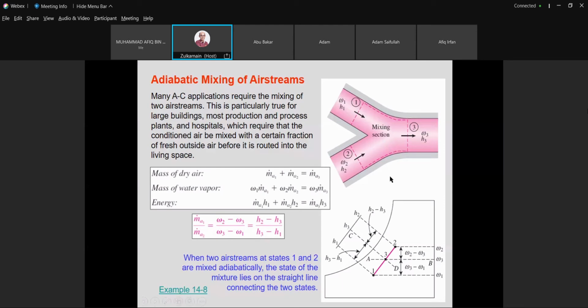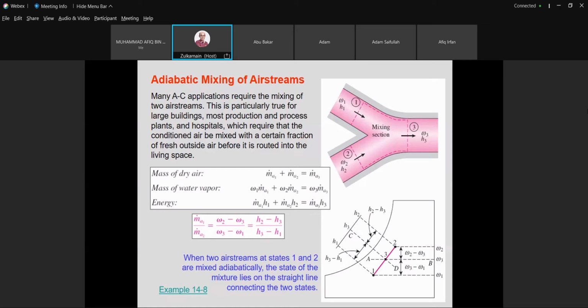So this is the mixing process, where we look at energy conservation and mass conservation. This is called adiabatic mixing because the whole mixing section is insulated. You can see this shaded portion here represents the insulation.